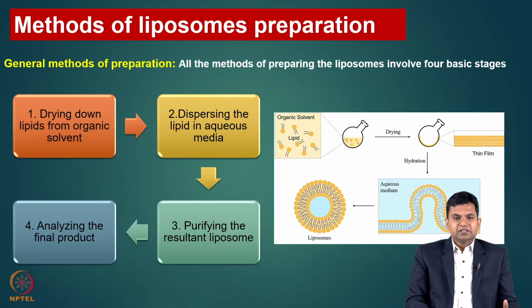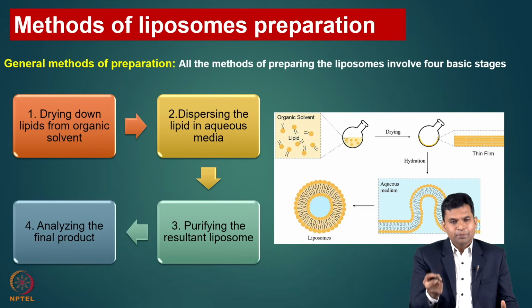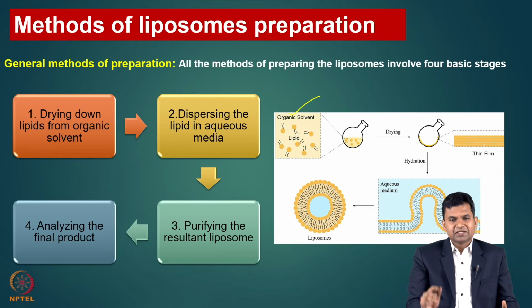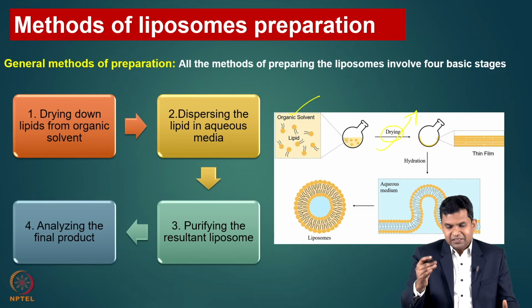Now, we are going to see the methods of preparation. In liposomes, lipids are the major raw materials. In the picture you can see, first we need to disperse or dissolve the lipid in the required medium, especially different organic solvents. Once dissolved, you need to remove the solvent by a drying technique, and it will form a thin film on the surface of the glass container, here the RBF.